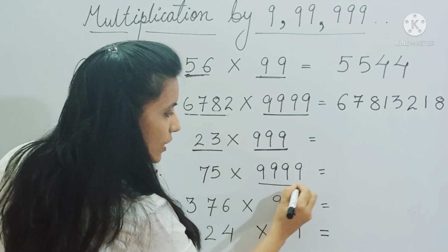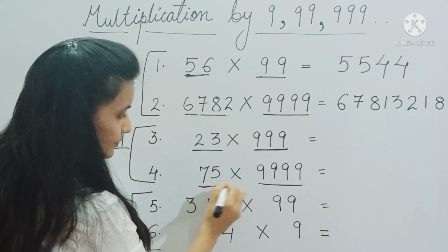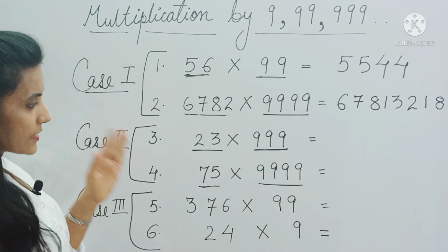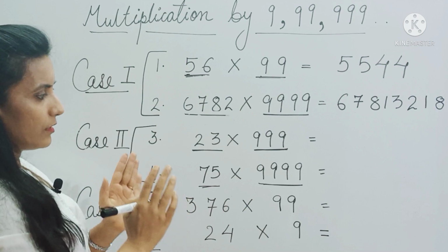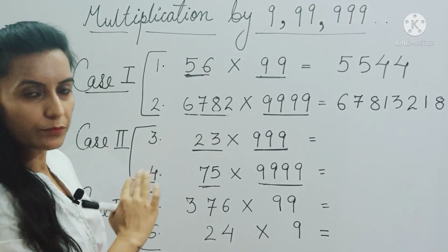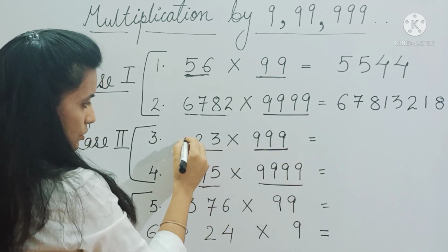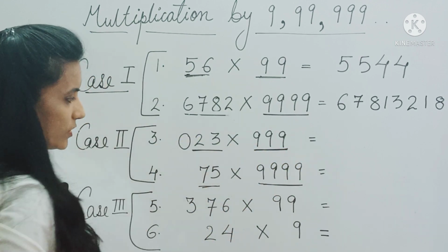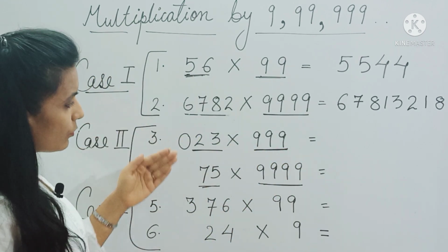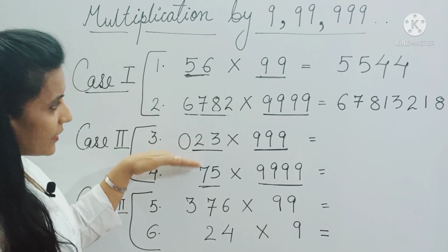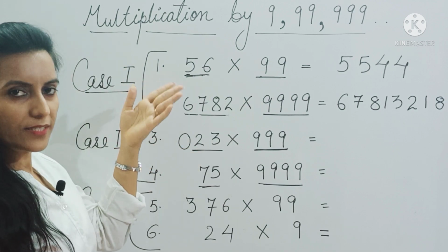Similarly, here also you have 4 and here you have 2. So now in this case, first we make the number of digits equal in both multiplicand and multiplier. So I have 3 digits here, so I will add 1 zero here. And now this question becomes same like the previous case. So we apply the same method.